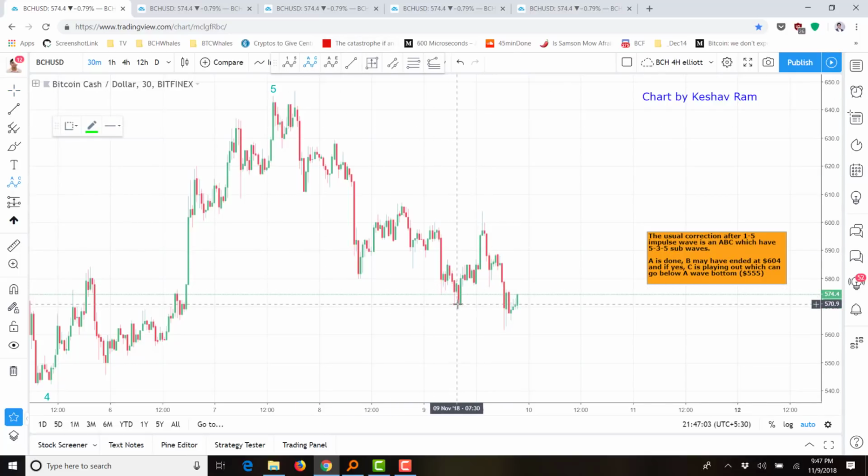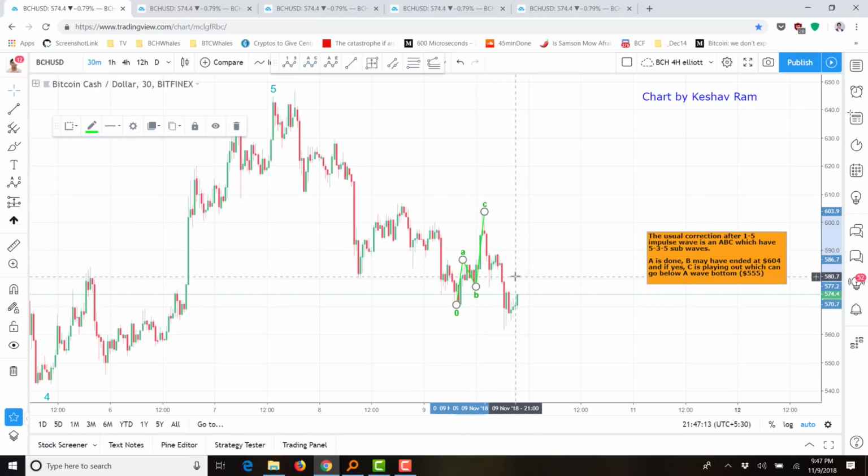So this is where the whole A wave ended. So this is the starting of B, which has 3 subwaves: A, B, and C. So even B wave is done. And after which, from $605, the C wave is actually playing right now.